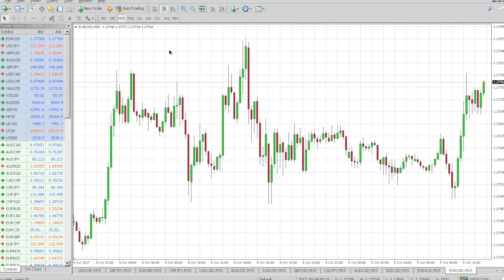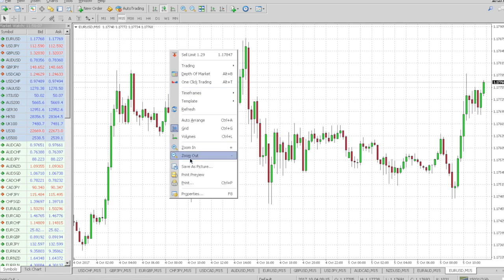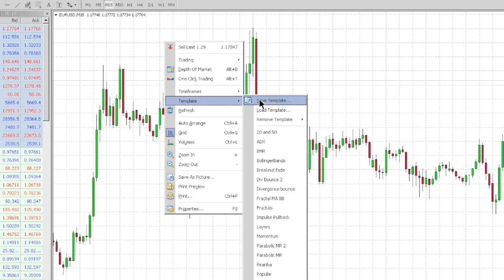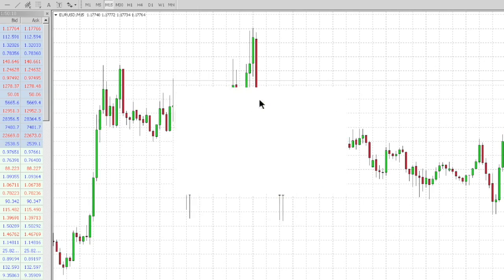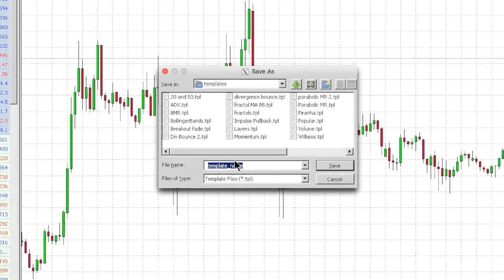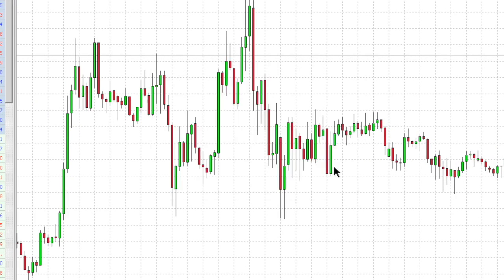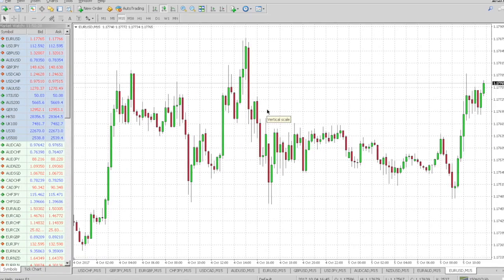You can do a right click and save. So go to template and save the template, right? So you could call it whatever you want, right? You can call it my template, right? Save it. So this saves your settings, right?